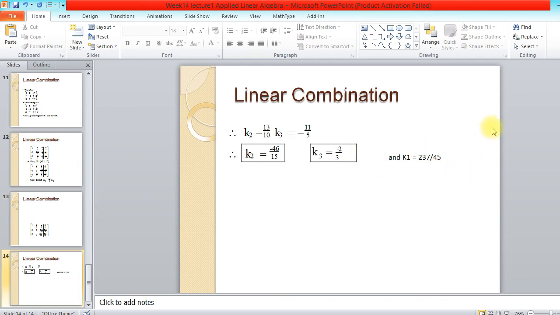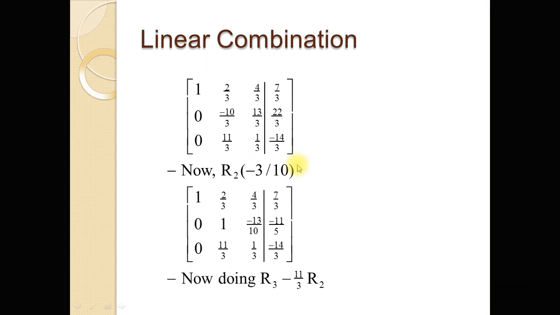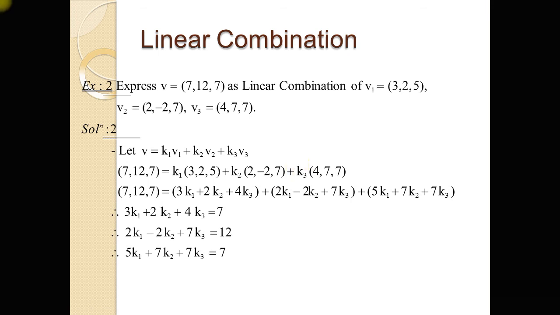Putting these values of K1, K2 and K3 in this equation, we will definitely obtain 7, 12 and 7, and then we can say that V is the linear combination of the vectors V1, V2 and V3.